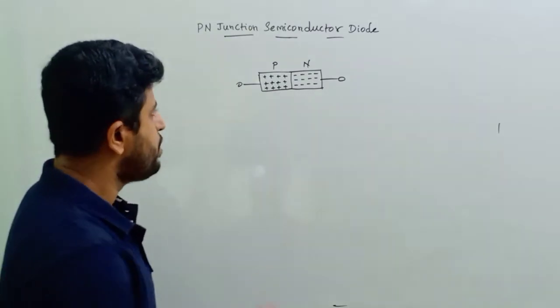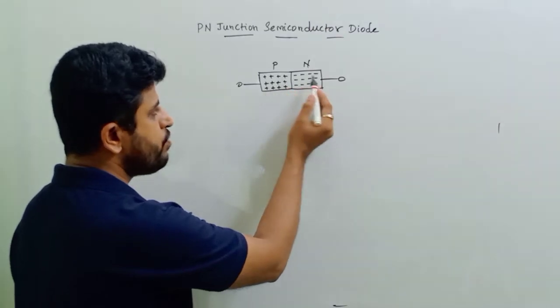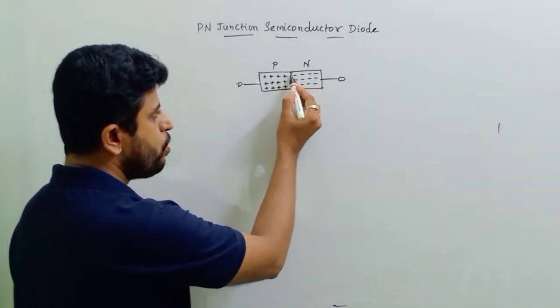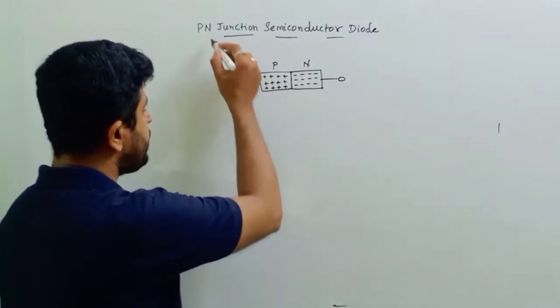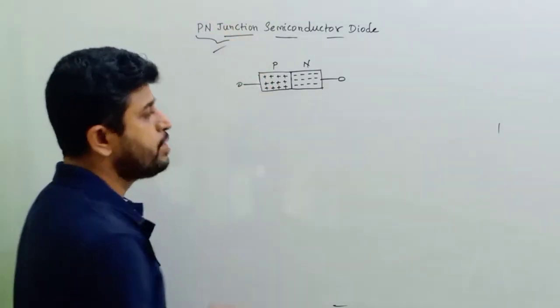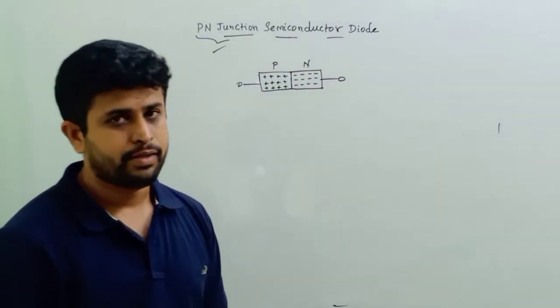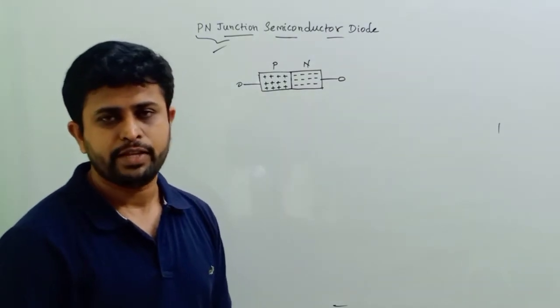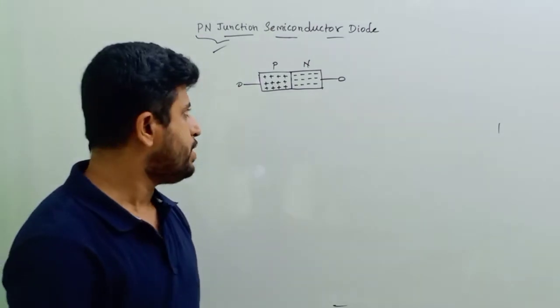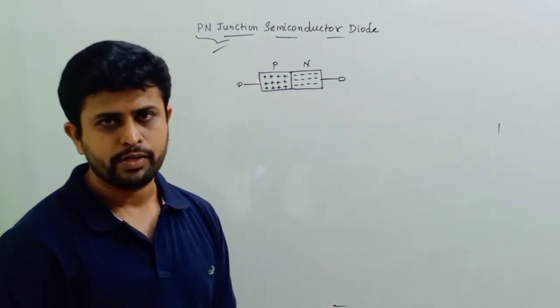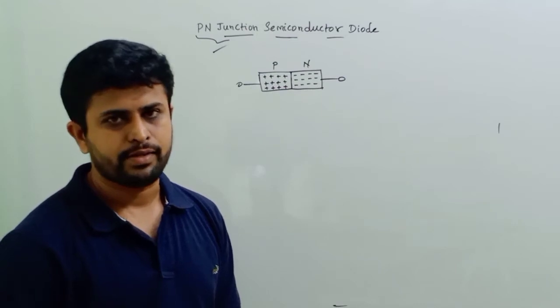You can see that we have just joined P with N, because of which we got a junction here, and that's why we call this a PN junction. The name given to this PN junction is a diode.